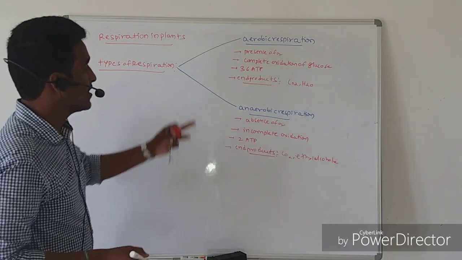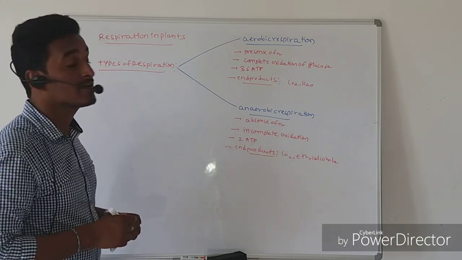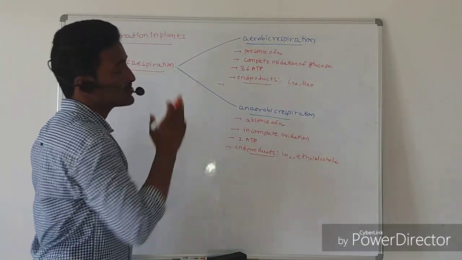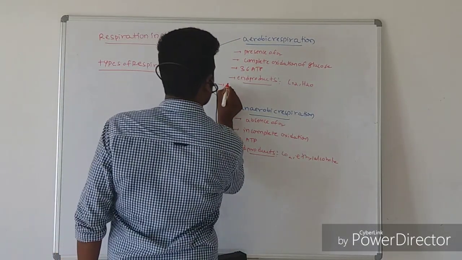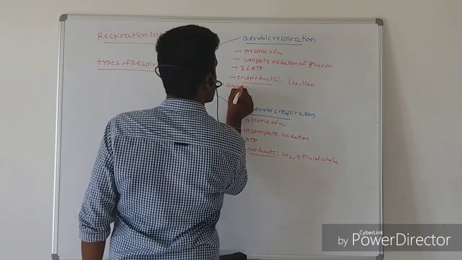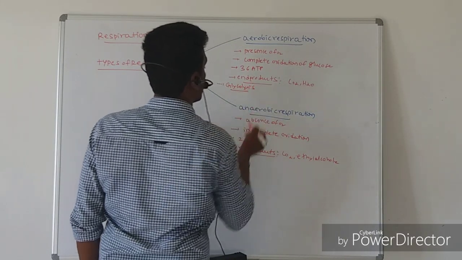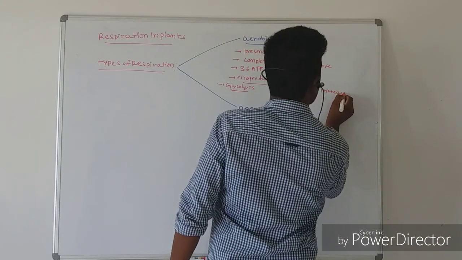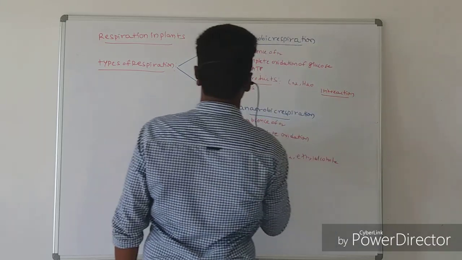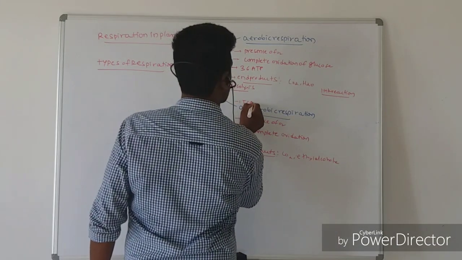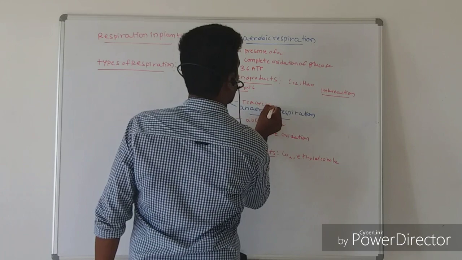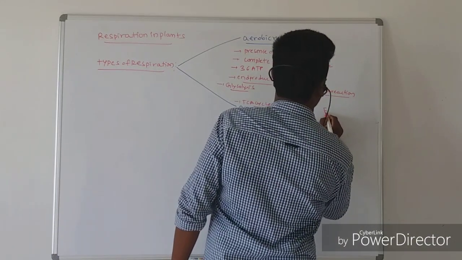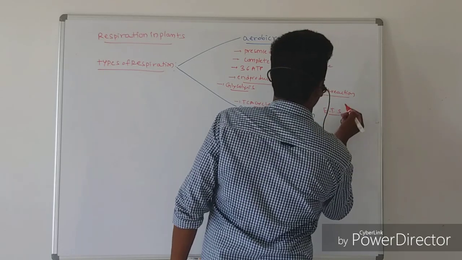What steps are involved in aerobic respiration? It mainly involves 4 steps: glycolysis, link reaction, the TCA cycle, also called the Krebs cycle, and the electron transport system.